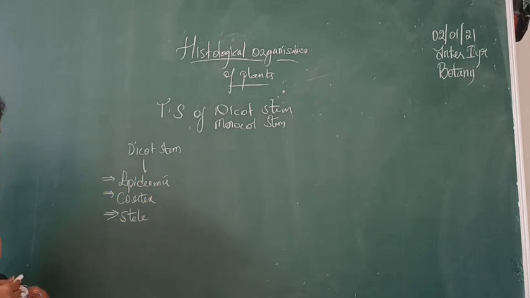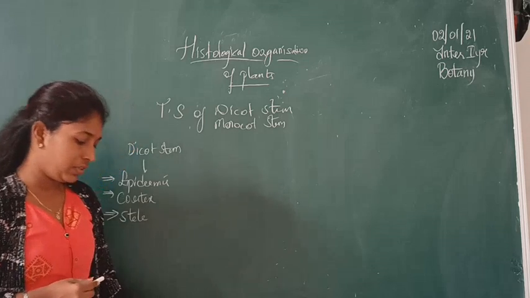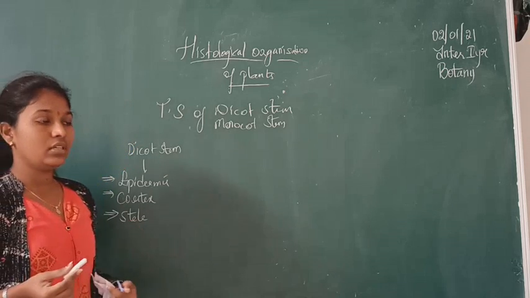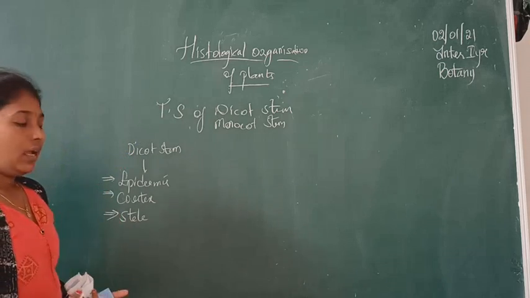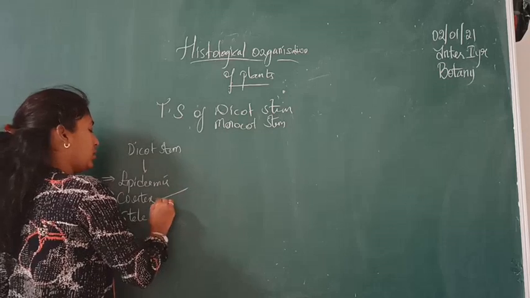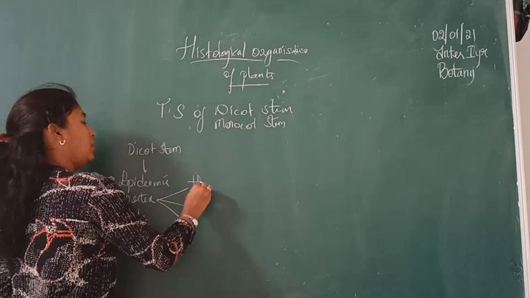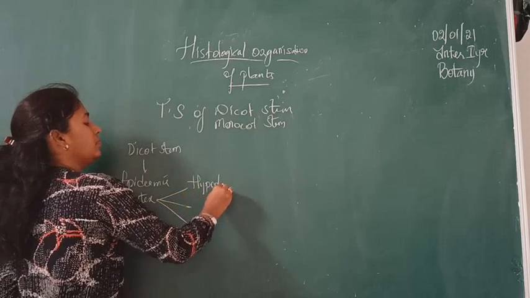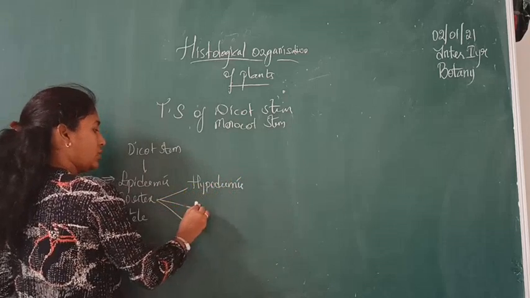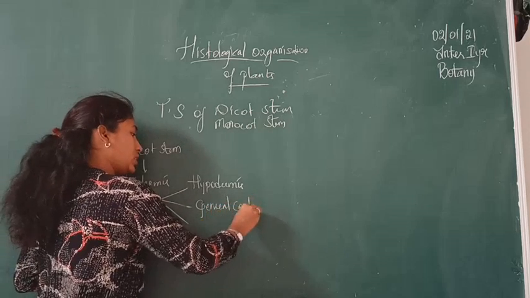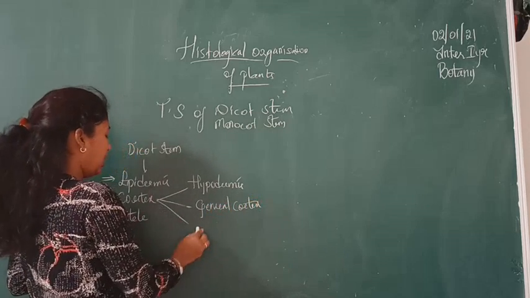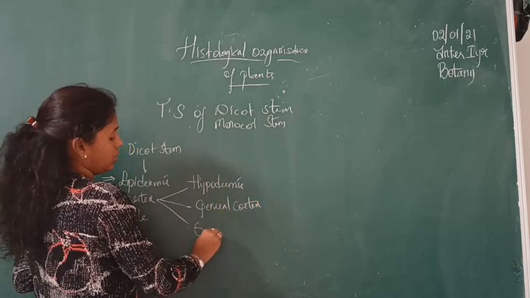The cortex consists of 3 layers: exodermis, general cortex and endodermis. The exodermis is also called the hypodermis. There is another layer called the general cortex, and the last one is the endodermis.